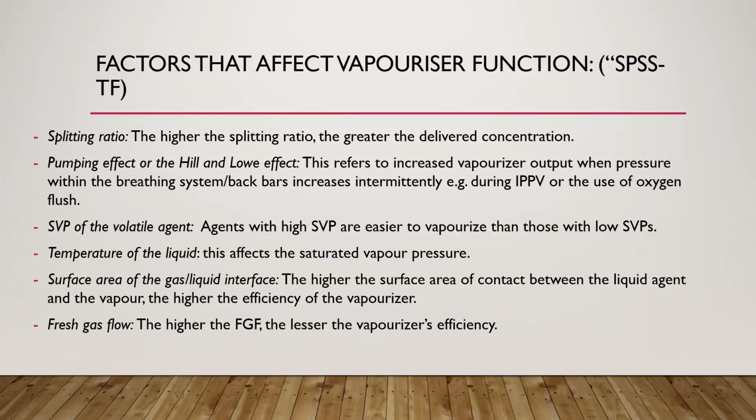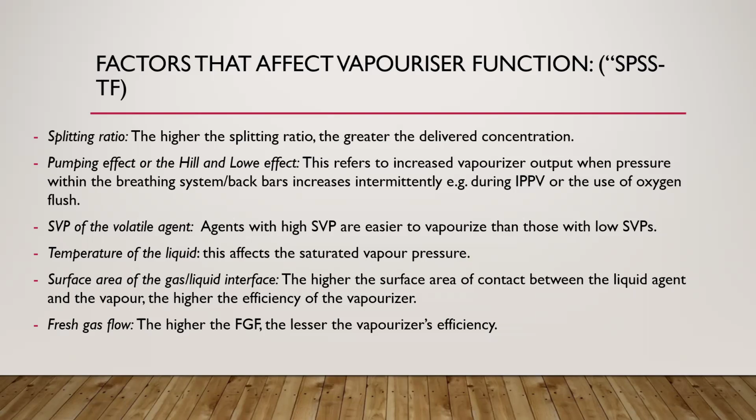The next question is, what factors affect vaporizer function? I've simplified it for you: SPSS, TF. The splitting ratio. Remember I told you about the splitting ratio. The fresh gas flow that goes into the vaporizing chamber is usually lower than the one that bypasses the vaporizing chamber. But if you have a higher splitting ratio, the greater the delivered concentration of your anesthetic agent.